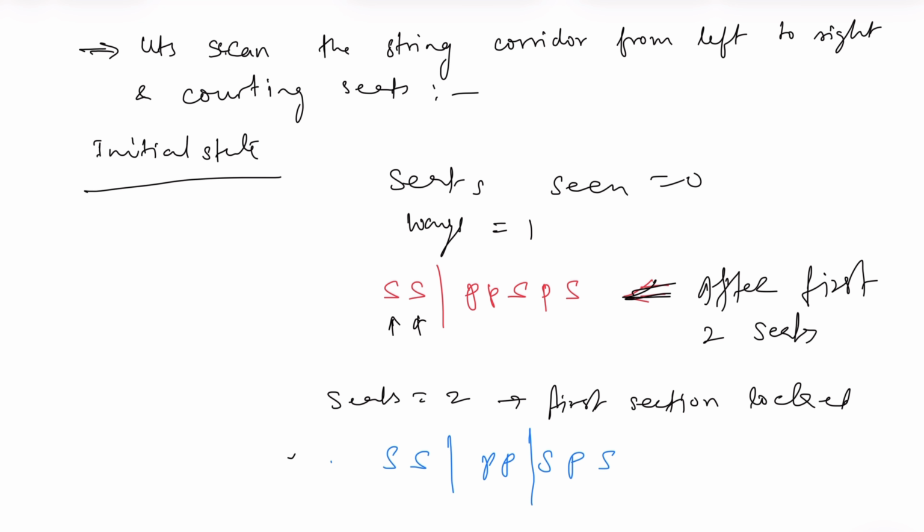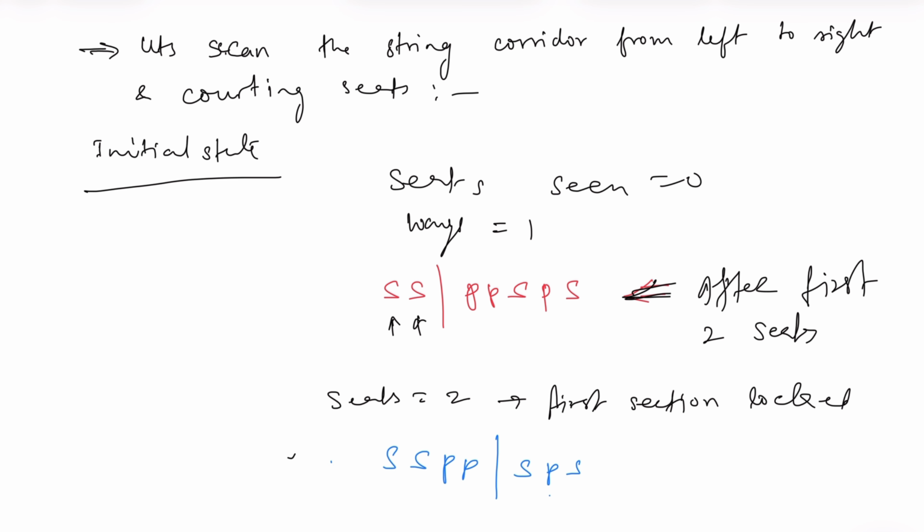But this time we should not take it at this position. Understand? So we'll keep S P P, and now we put the divider, S P S. So the plant pair is still 2, right?